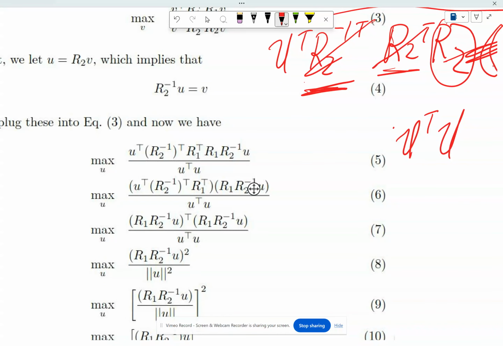R1, R1. So what I did is I combined them, and then I moved the transpose out. So here's the transpose. Okay, so I combined this, I moved the transpose out, now we got this part. So this looks just like this now.